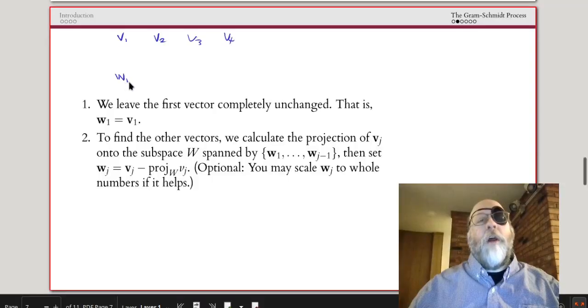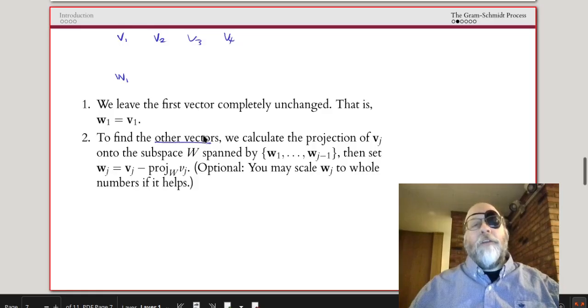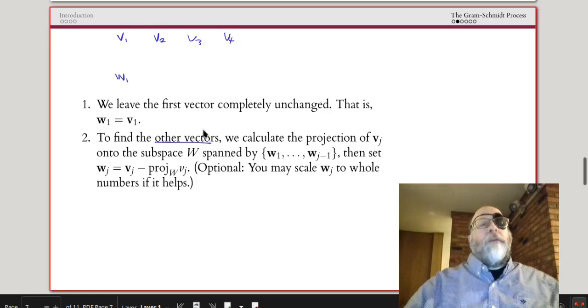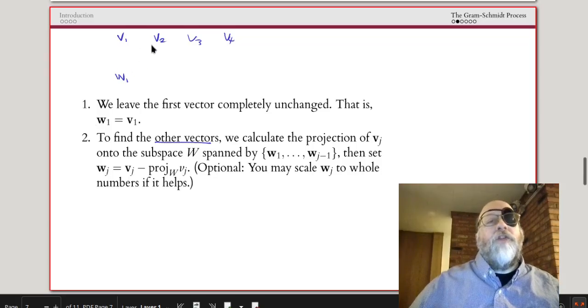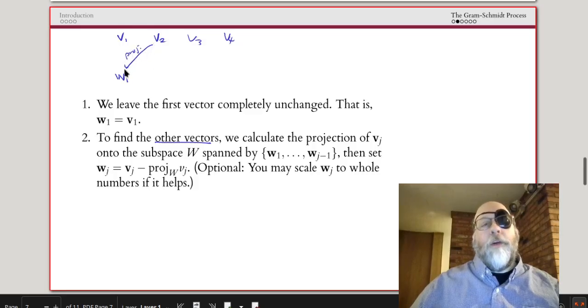I'm going to just let V1 be my W1. But here's how we find the other vectors. What I'm going to do is I'm going to project V2 onto W1 using the orthogonal projection formula. And then I'm going to set W2 equal to V2 minus the projection that we just got onto W1.